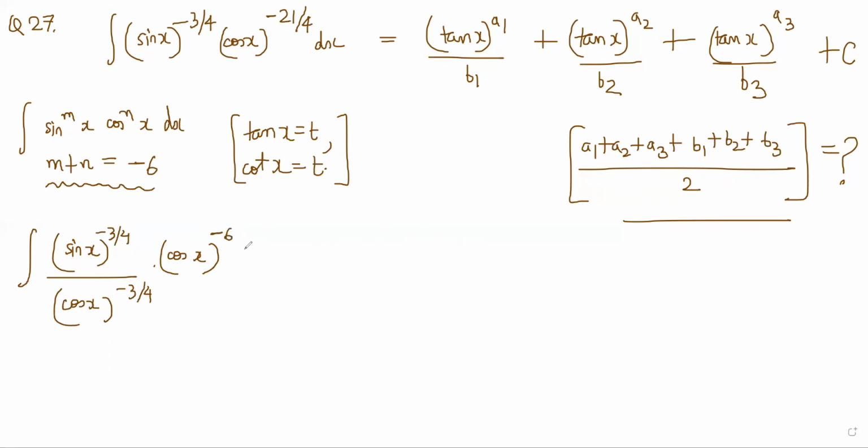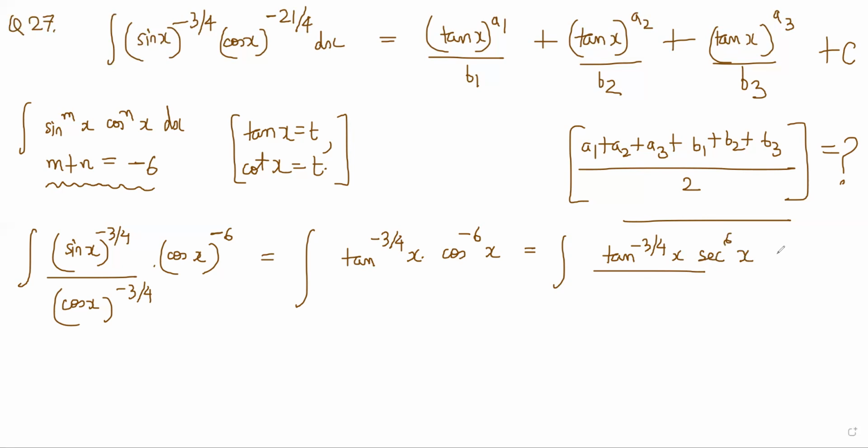So this is equal to integral of tan to the power minus 3 by 4 x and cos to the power minus 6 x, which is equal to tan to the power minus 3 by 4 x by cos to the power 6 x, which is basically sec to the power 6 x, right?